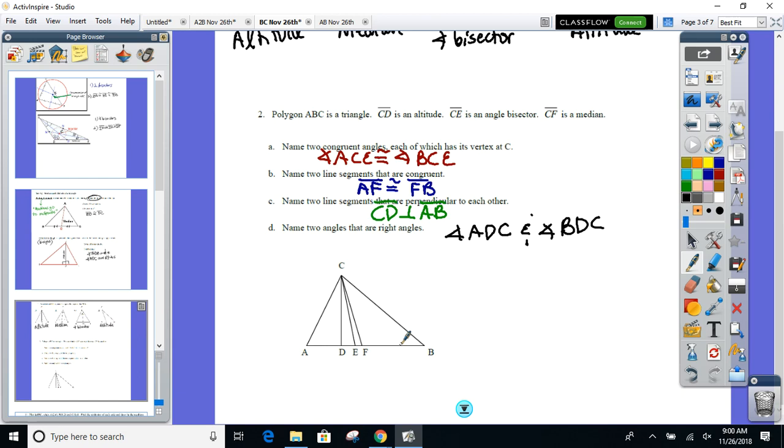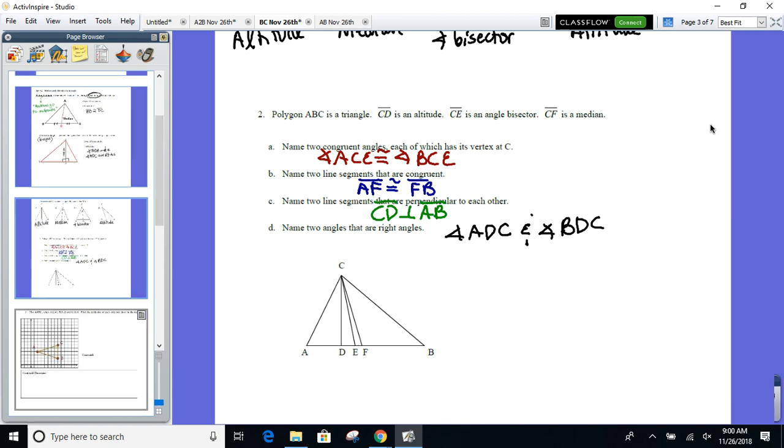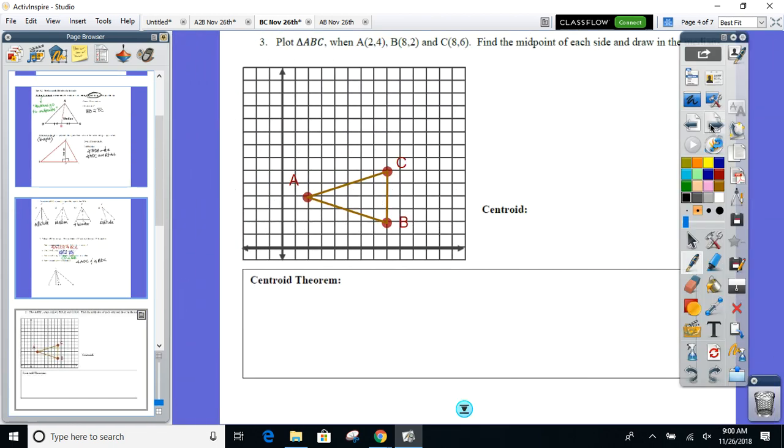Medians, altitudes. Because now you're going to figure out what's so special about all 3 medians when they intersect in a triangle. If you haven't done so already, go ahead and graph triangle ABC for me.